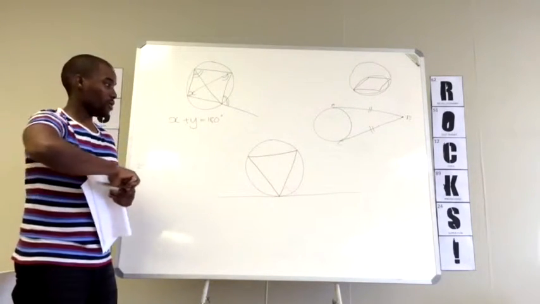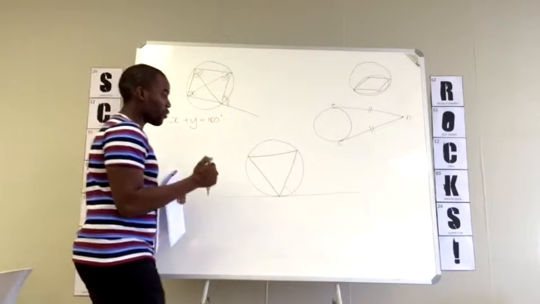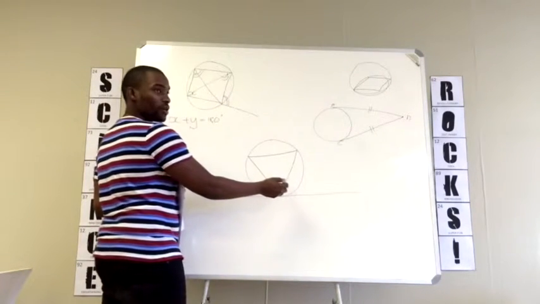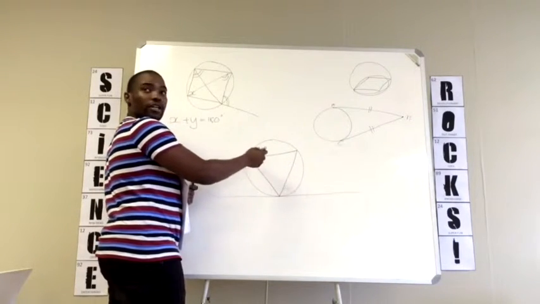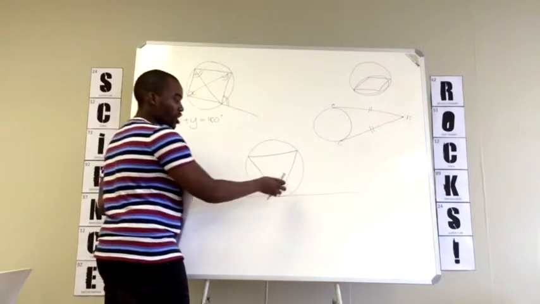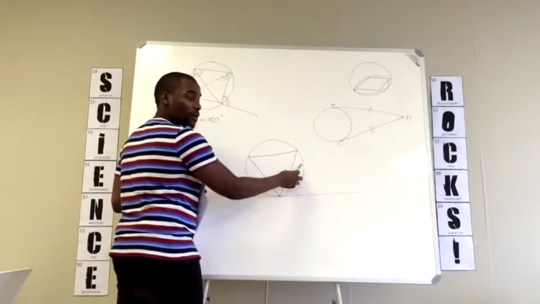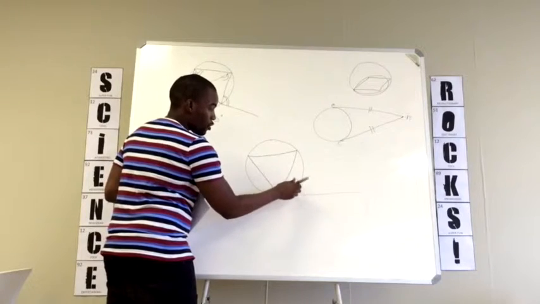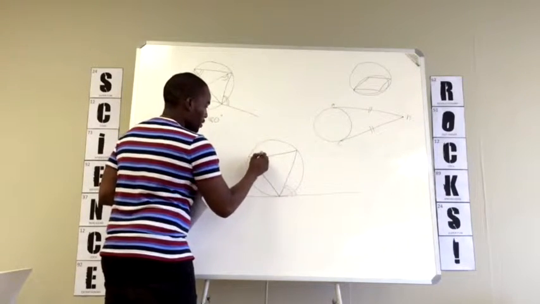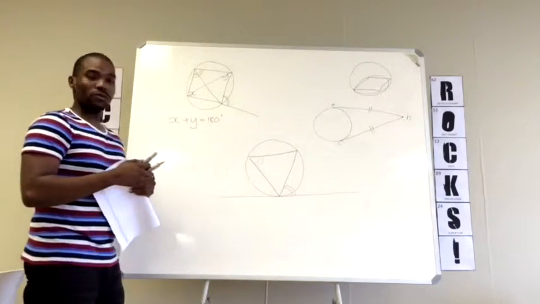Okay. So that angle there between my tangent and my chord is going to be equal to the angle subtended by that very same chord in the circle in the alternate segment. So it's not going to be in the segment where this angle is, but in the other segment here. So when you see this angle go inside the triangle and in the opposite way, that's the angle that it'll be equal to. Makes sense?